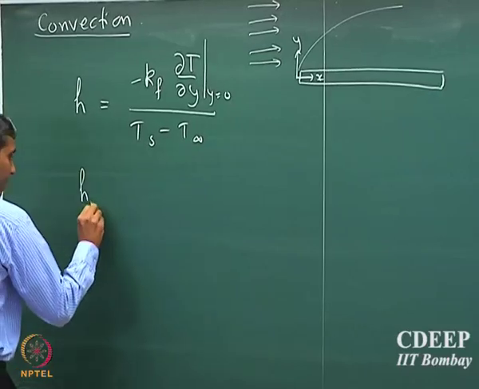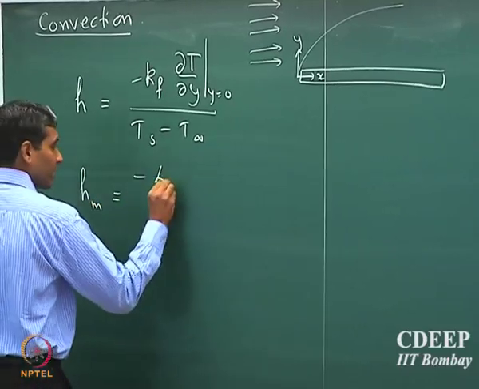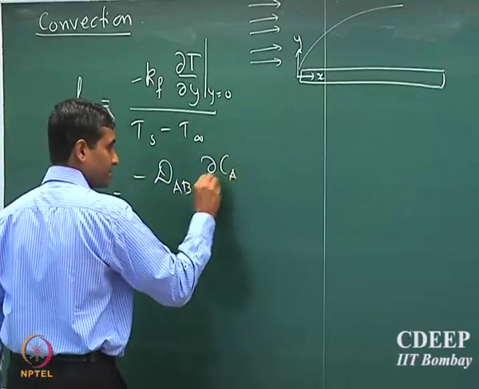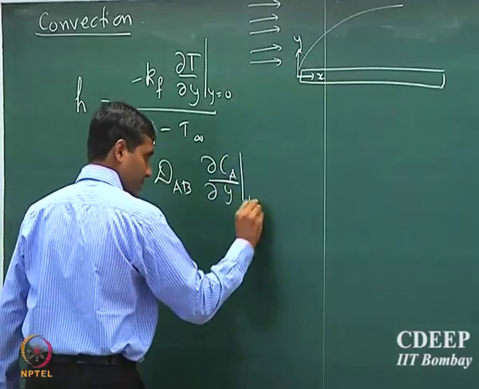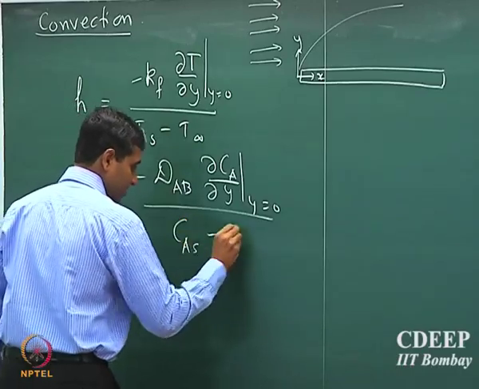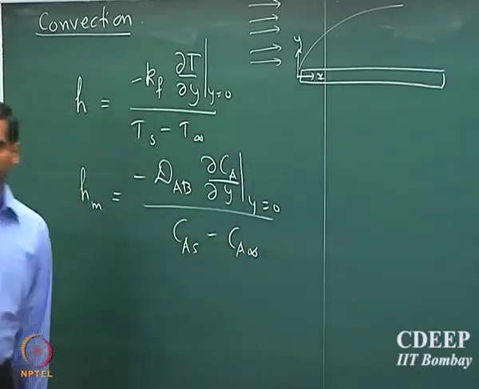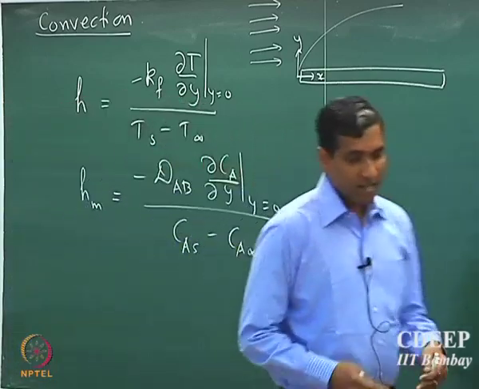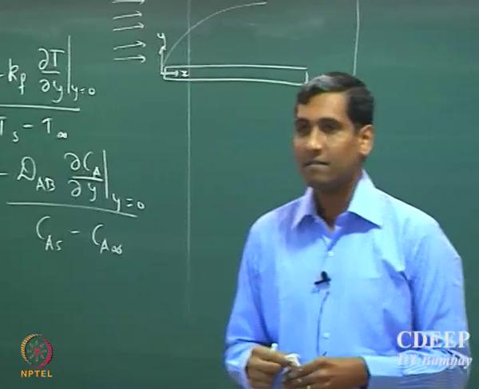And similarly one could define the mass transport coefficient as diffusivity multiplied by the concentration gradient divided by the concentration difference.